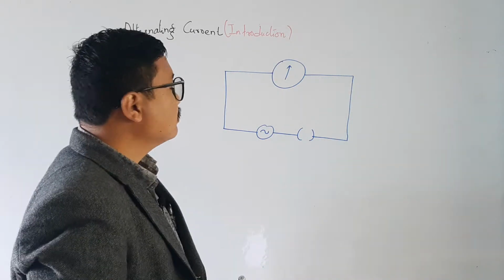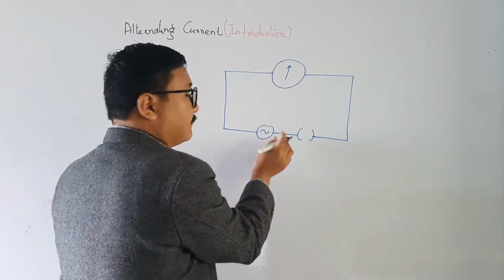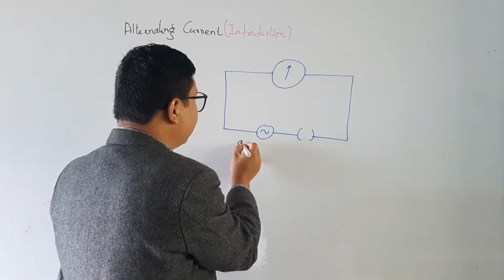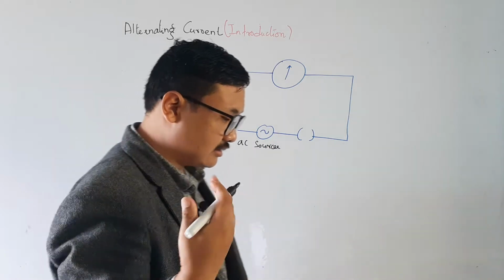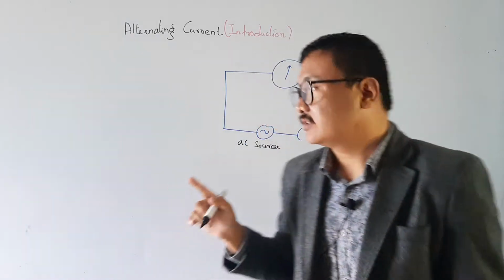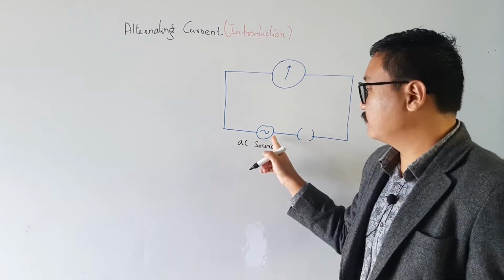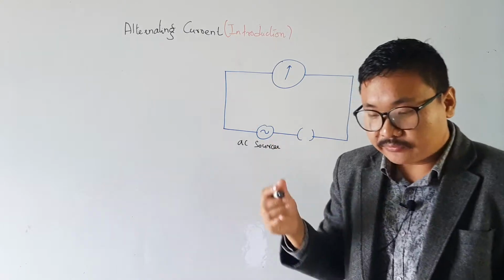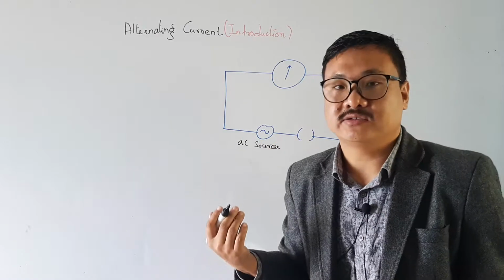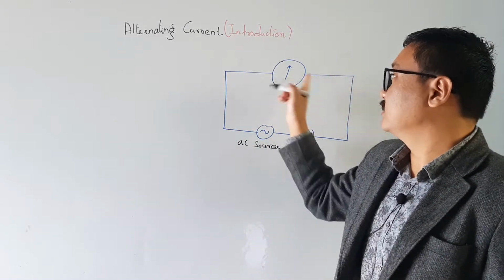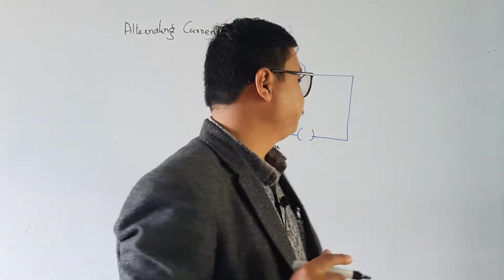From now onwards, this will denote our AC source. For all the lessons in this chapter, whenever we see this kind of diagram, we understand that this is my AC source. And this is our galvanometer.